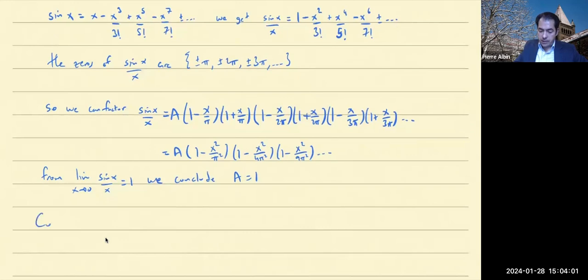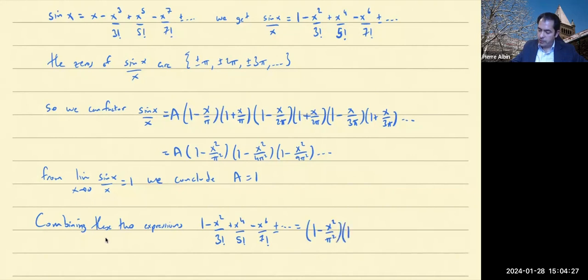So combining the two expressions, we have 1 minus x squared over 3 factorial plus x to the 4th over 5 factorial minus x to the 6th over 7 factorial, and so on, is equal to 1 minus x squared over pi squared, 1 minus x squared over 4 pi squared, 1 minus x squared over 9 pi squared, and so on.